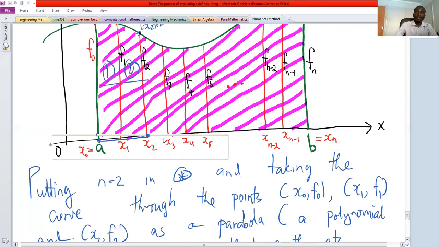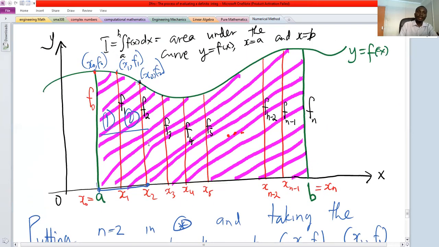So I1 is taking the integral from x naught to x2. We have already done this up to this point. So next step, we pick from x2 to x4.